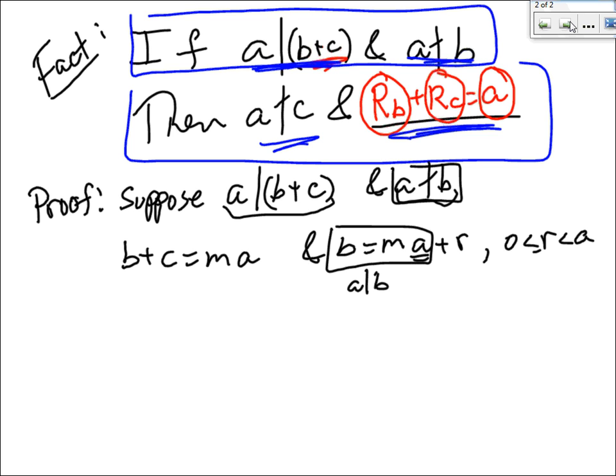That is, R is bigger than 0 and less than A. Okay. I don't know if I'm going to be sorry I did this, but let's call this R sub B.